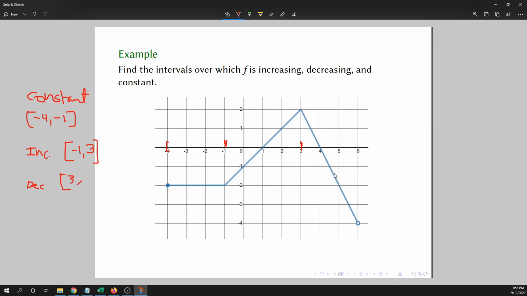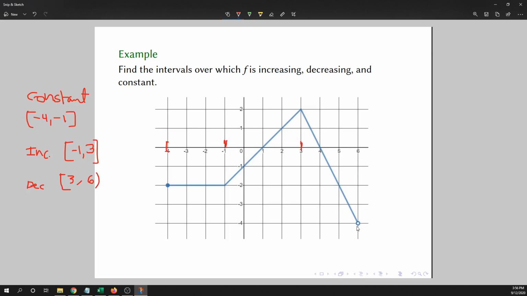The graph's going down, and we can see there's an open dot here. There's nothing that we can see over here. So basically, from the picture that we were given, and the fact that this is an open dot, the graph ends right here. As far as we can tell, there's no graph over here, and so it would stop decreasing at 6.